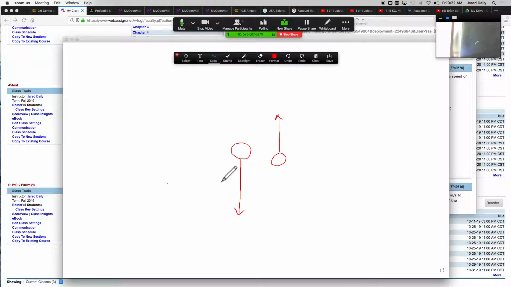The velocity before in this problem is bigger than the velocity after. The initial velocity is greater than the final velocity, if you just take the magnitudes. And that's because there was some energy loss in the collision.